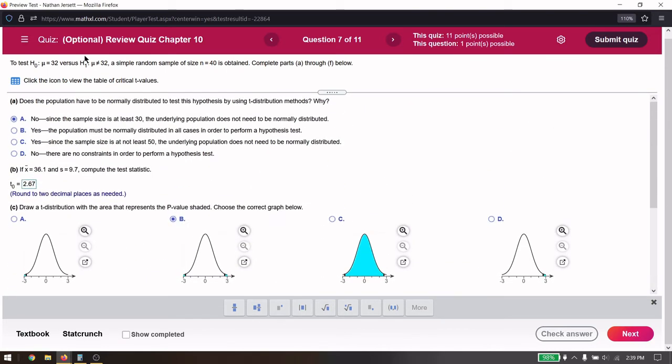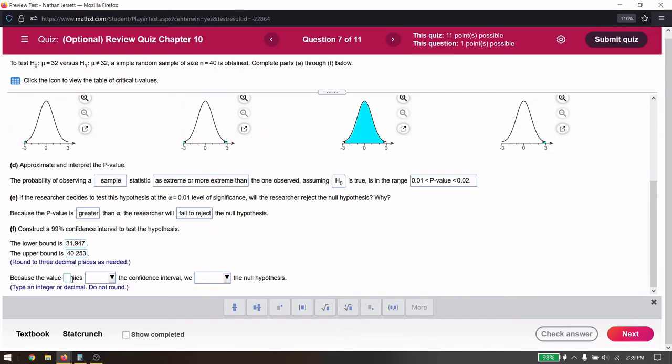Okay, and what was the value again? 32, of course. Because the value 32 lies within the confidence interval, we fail to reject the null hypothesis.